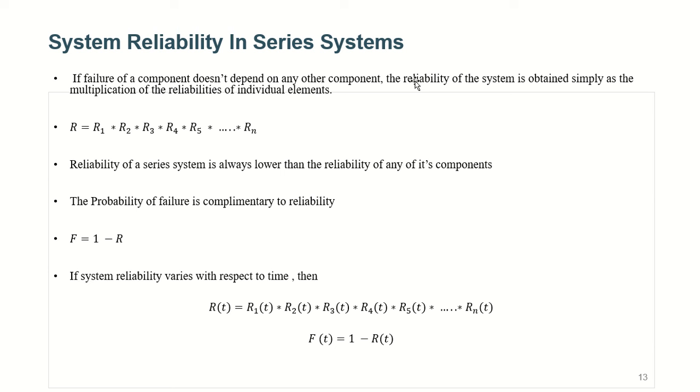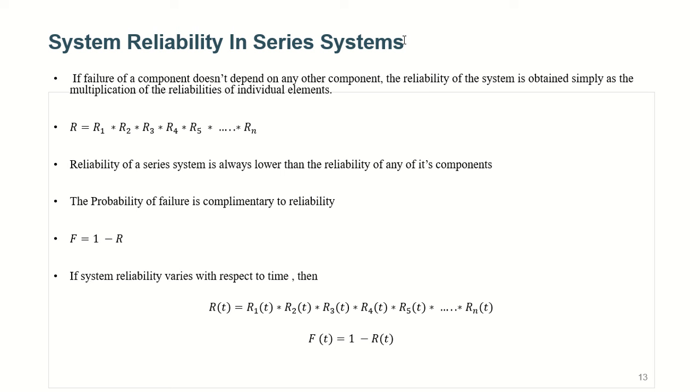When we want to find the system reliability, where failure of any one component does not depend on any other component, we take a simple multiplication or simple product of the reliabilities of the individual elements.